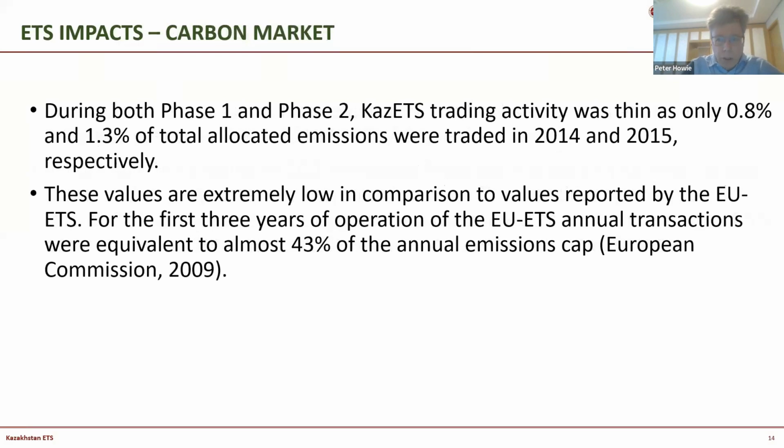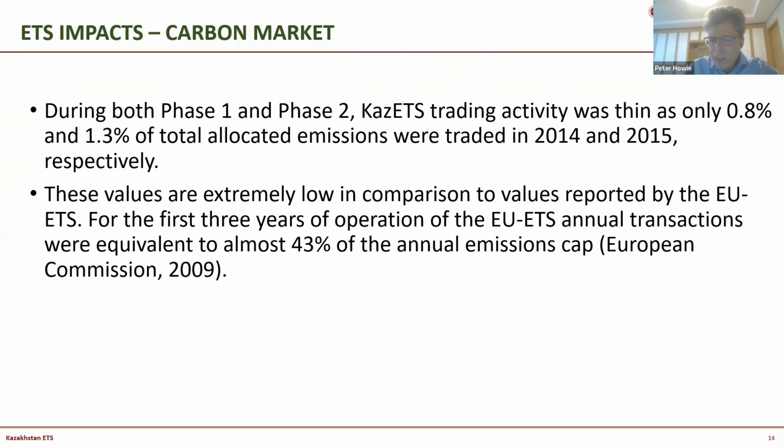How about the carbon market? Well, this means how many of these allowances were actually traded on the market. In Kazakhstan, in phase 1 and phase 2, the activity was very thin. Only 0.8% and 1.3% of the total allocated emissions were traded. What you want is for firms that reduce their emissions to be able to sell their allowances elsewhere.